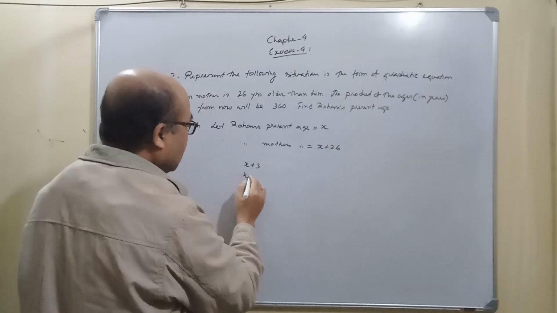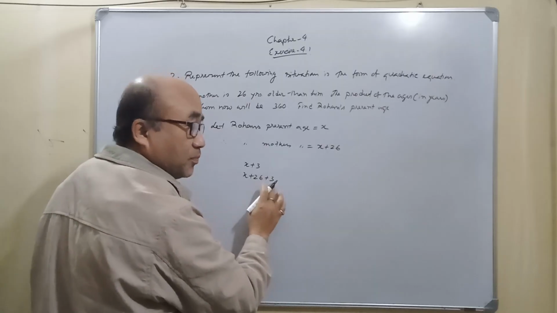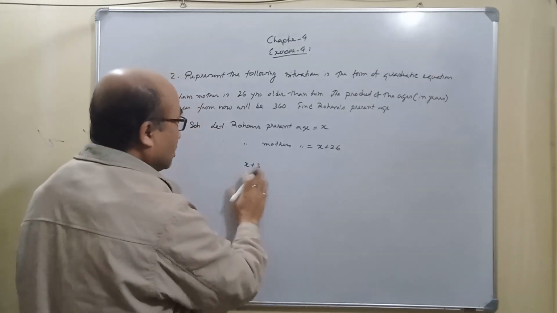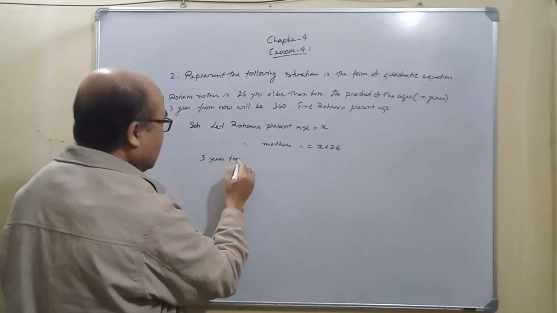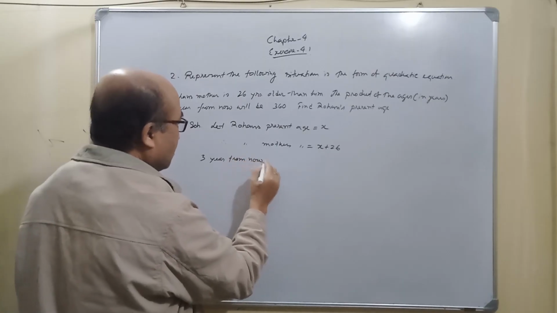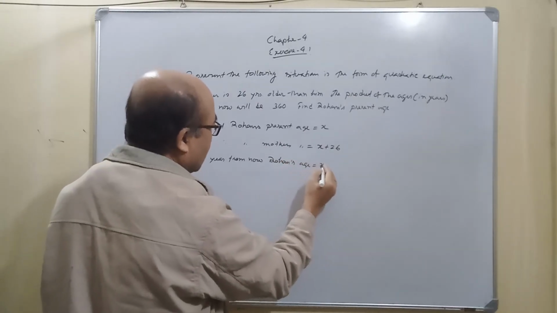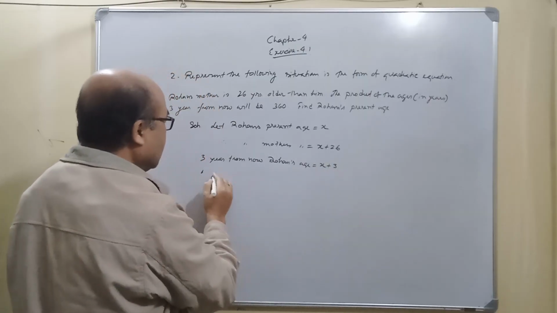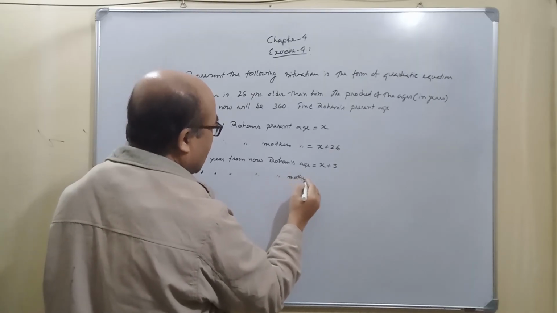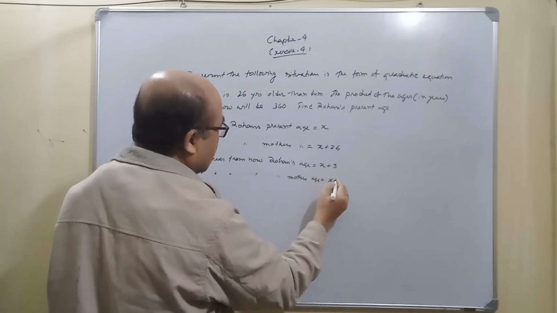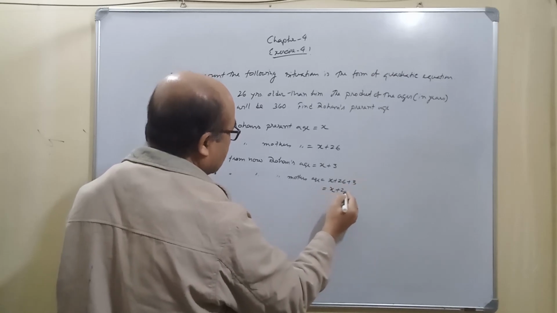And Rohan's mother's age will be x plus 26 plus 3, which is x plus 29.